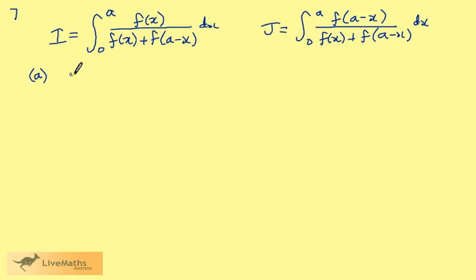In part A, we're given the substitution u is a minus x and asked to show that I is equal to J.